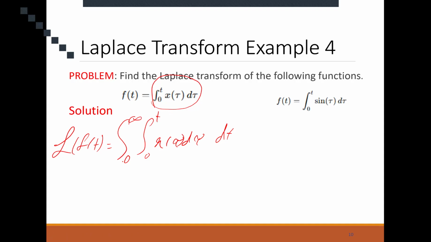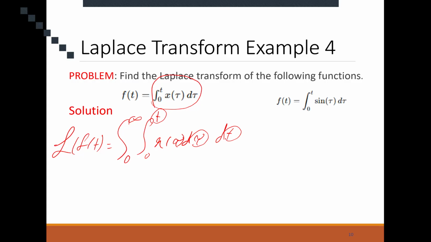Now, there is a theorem in math named Fubini that allows us to swap the order of the variables in the integral. So we have tau and we have t. Here we have 0 to t, so the integral is over time. We can swap it by changing it to the integral over tau.